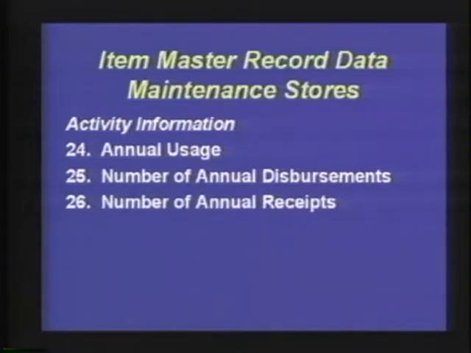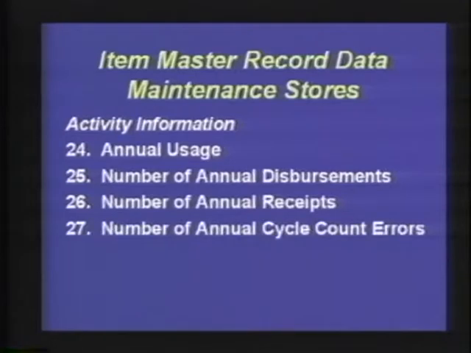And 26 is the number of annual receipts. And with the 25 and 26 data elements, this would help the people in the storeroom to determine where material should be placed within the storeroom, let's say by commodity code, which would be the first field of the part number.